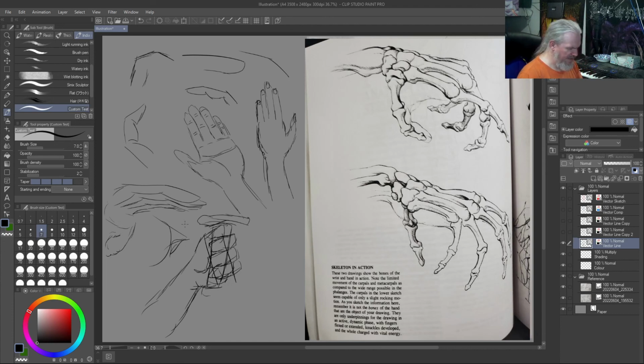Because you look at your hands all the time, and they're very complex and very intricate. And when you look at a hand and you go, well, that's not the way a human hand looks, that really makes a difference. So a lot of people struggle with hands literally forever. I don't think anybody ever actually likes drawing hands. So I've been investing some extra effort in them this week.